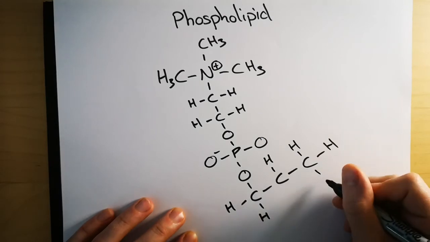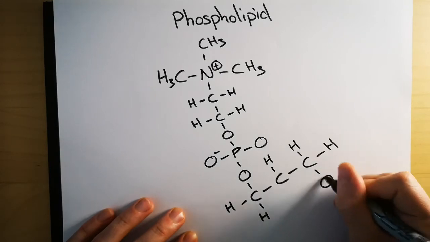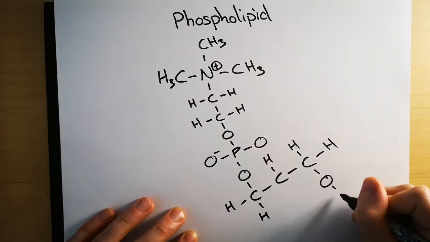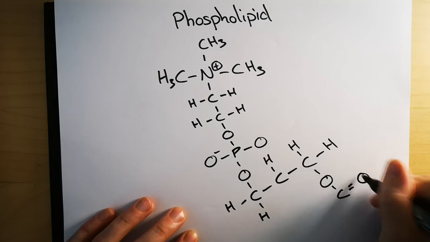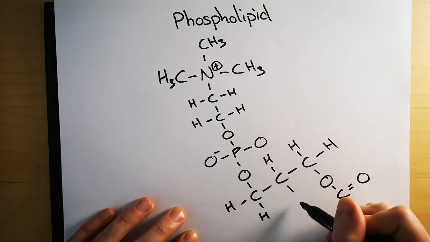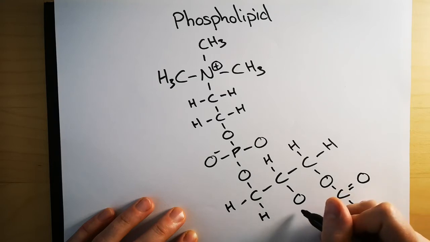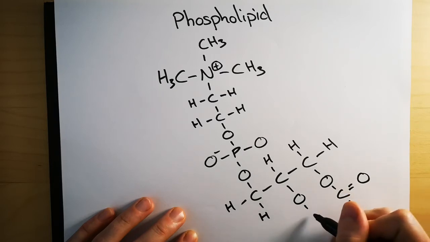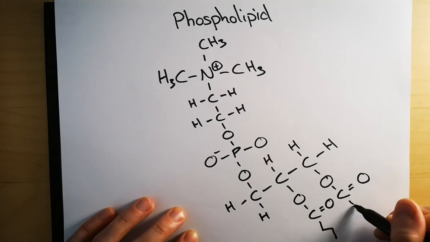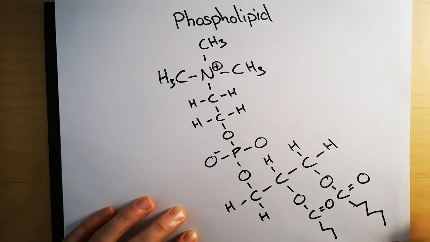So this is the bit that's interesting. Well, the whole thing's interesting, but this bit is an ester bond. If you did Higher Chemistry, you'll have done ester bonds, and this is how we attach our fatty acid chain. Now it's that fatty acid chain down here that I've kind of run out of space for.